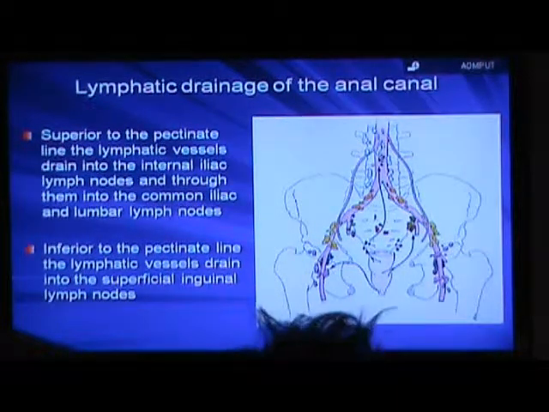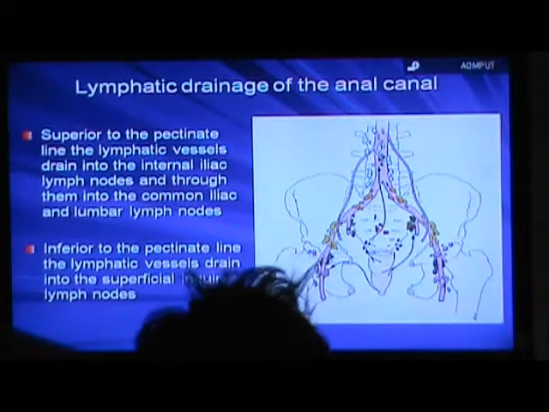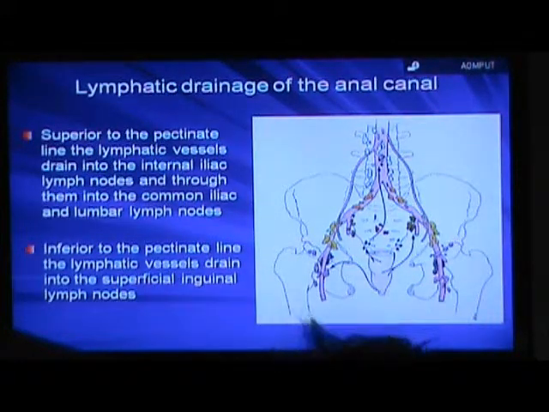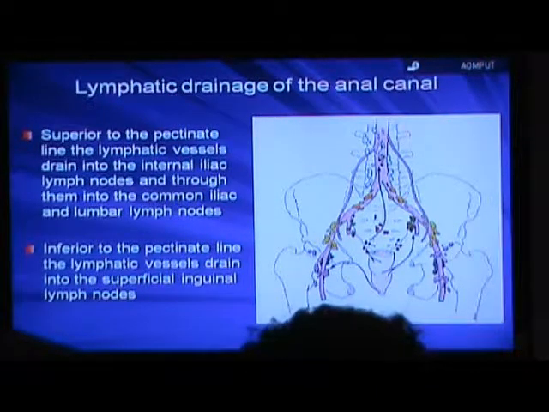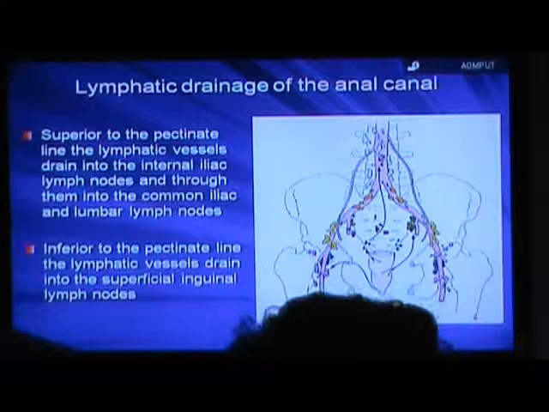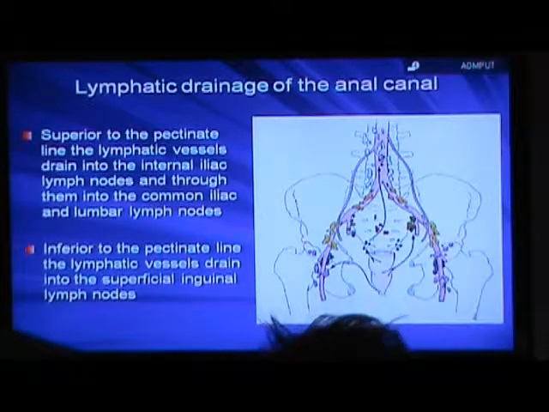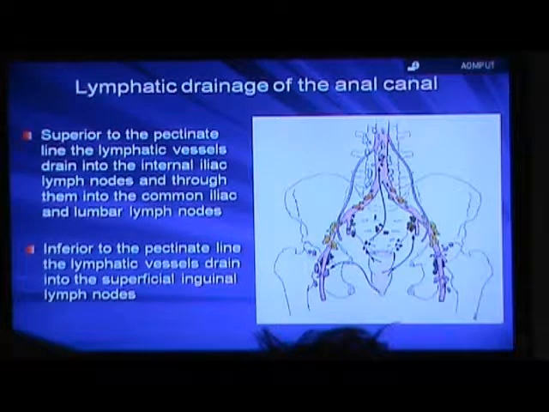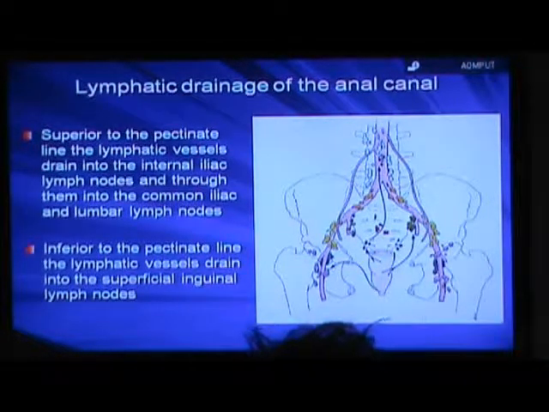Superiorly to the pectinate line, the lymph is drained into the internal iliac lymph nodes and through them into the common iliac and next the lumbar lymph nodes. Inferiorly to the pectinate line, the lymphatic vessels drain into the superficial inguinal lymph nodes.